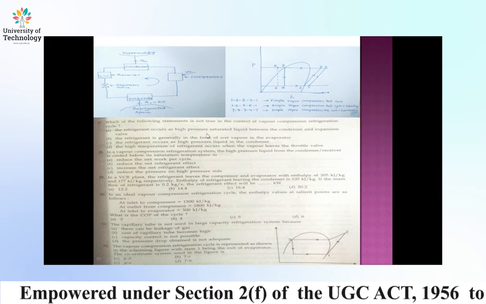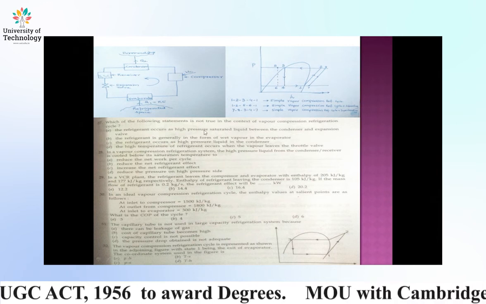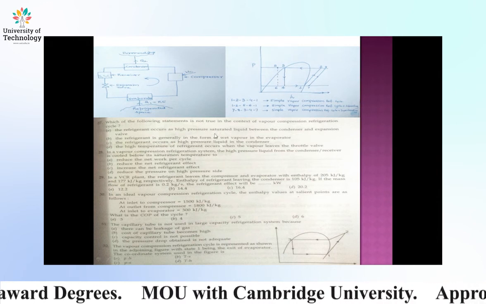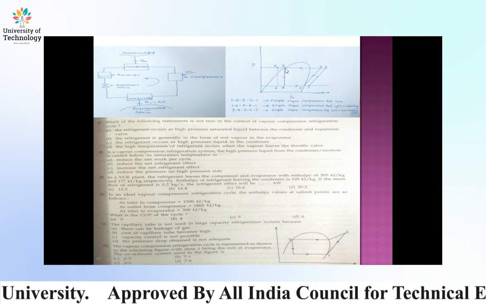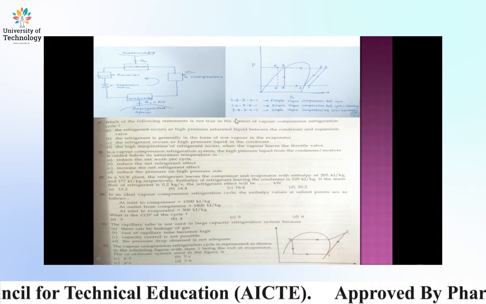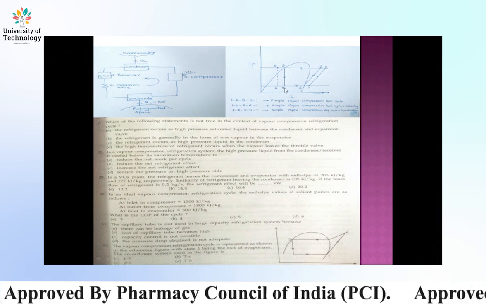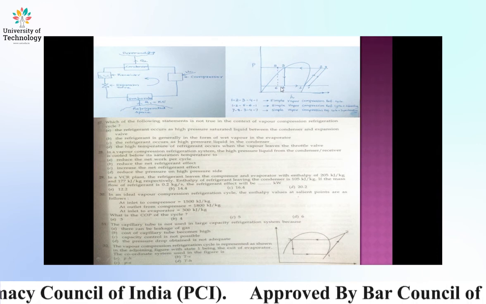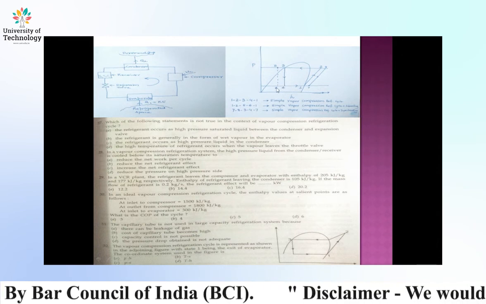The refrigerant occurs as high pressure saturated liquid between the condenser and expansion valve. High pressure saturated liquid: correct. The refrigerant is generally in the form of wet vapor in the evaporator. At the inlet of the evaporator, point 4 in the simple cycle or 6 in the subcooled cycle, this is the wet condition. So option B is a true statement.